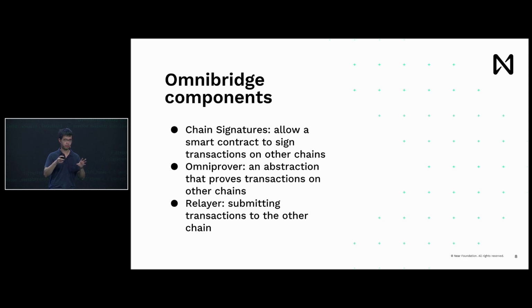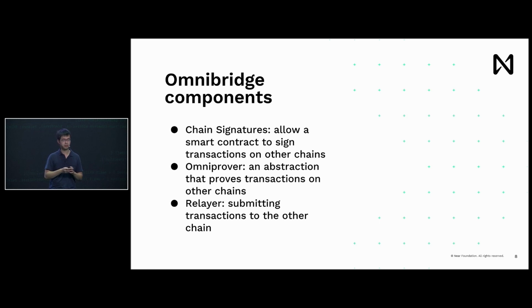And finally, an important piece here is the relayer. What we talked about so far is mostly about smart contracts, and smart contracts cannot act autonomously. So you actually need someone to submit the proofs and trigger the execution on the other side to actually finish this moving of assets. The relayer is used to do that. The important thing here is that anyone can run a relayer.